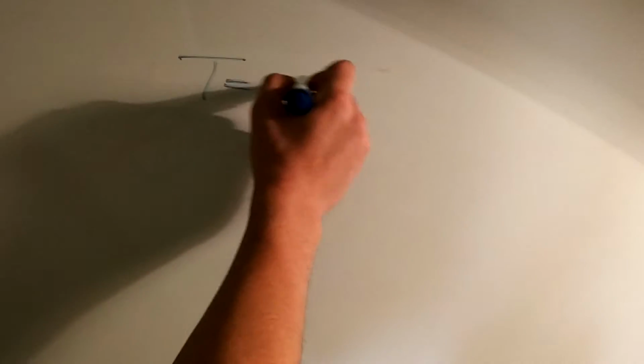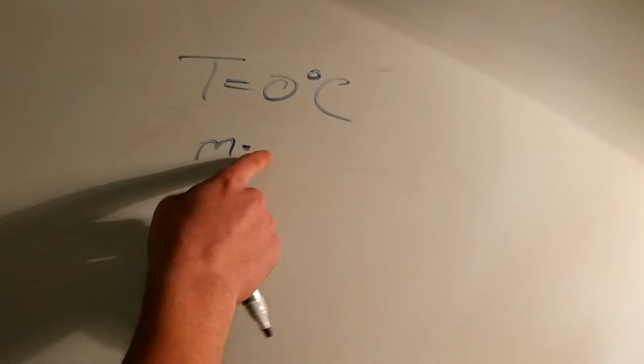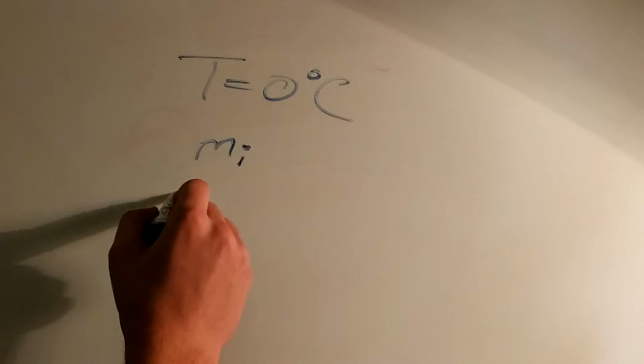For instance, if we have water and ice at equilibrium, meaning the temperature is at 0 degrees Celsius, and we add a certain amount of heat to the ice, let's say the initial mass of the water is Mi and Mf is the final mass of the water.